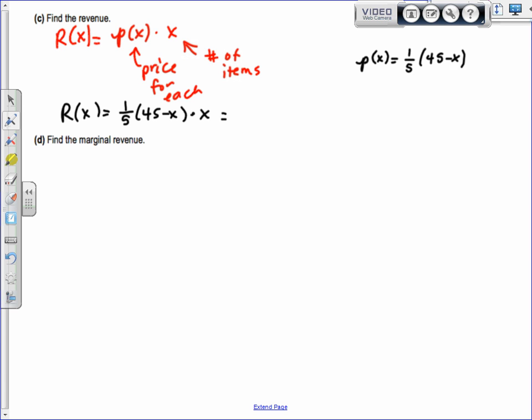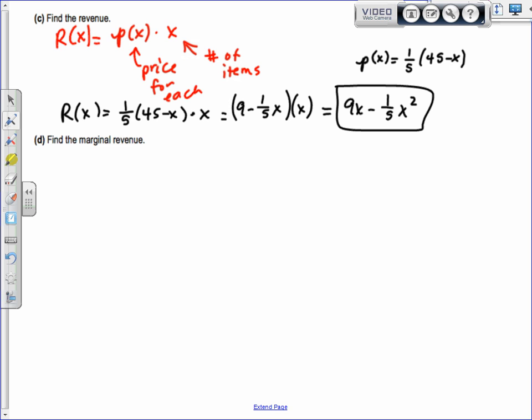Let's just go ahead and simplify. So I'm going to have 9 minus 1/5 X times X. So I'm going to have 9X minus 1/5 X squared. That's your revenue.